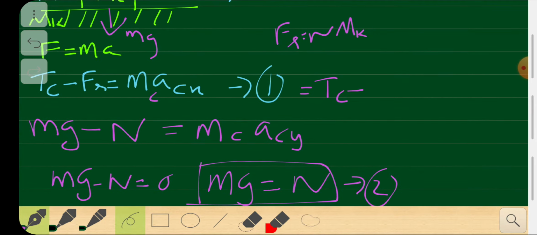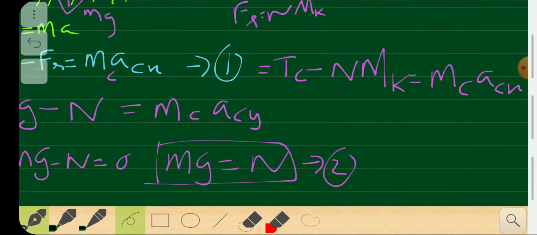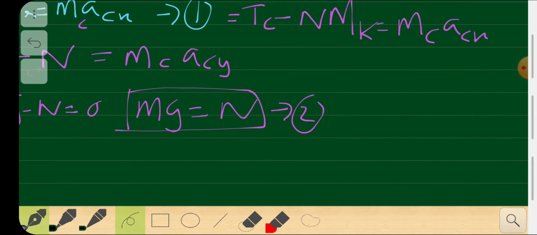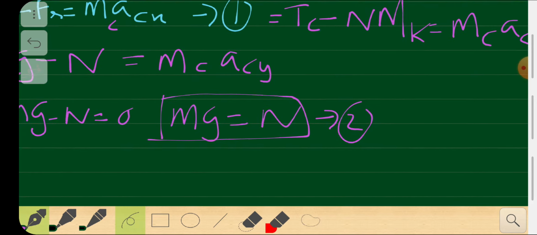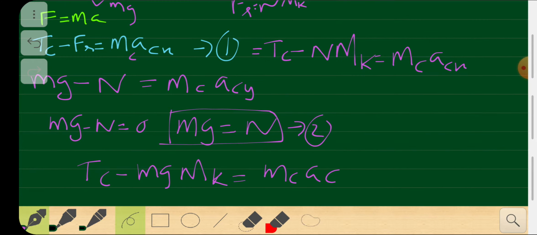So Tc minus normal times mu k must be equal to mc acx. Now I can substitute n in this equation, and you get Tc minus mg mu k must be equal to mc acx.